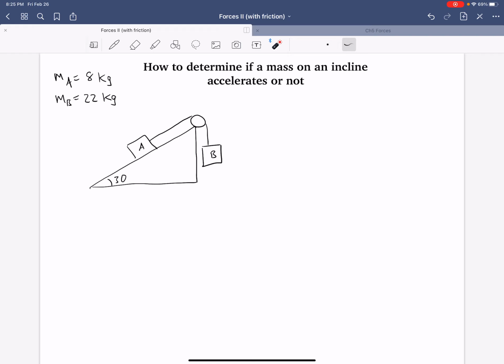If Fs max is greater, that means friction has overcome all of the other forces and it remains static, it doesn't move. But if Fs max is less than all of the other forces combined, then it will accelerate. Okay? So let's get to it.